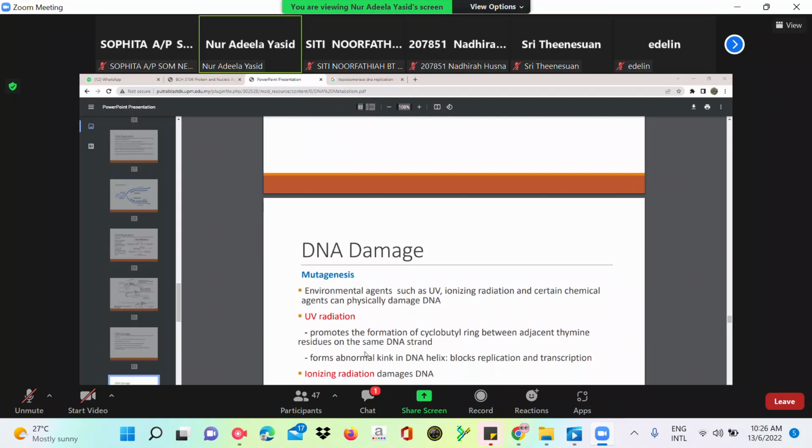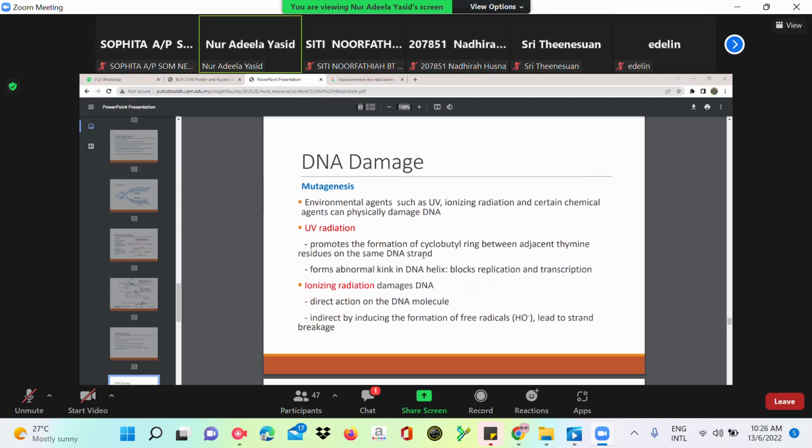For UV radiation, it promotes the formation of cyclobutyl rings between adjacent thymine residues on the same DNA strand. So it leads to the formation of an abnormal kink in the DNA helix.